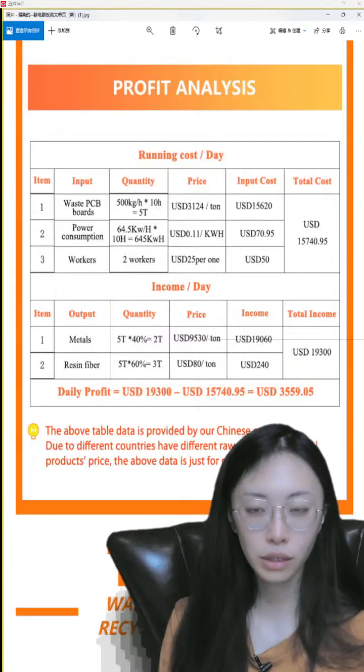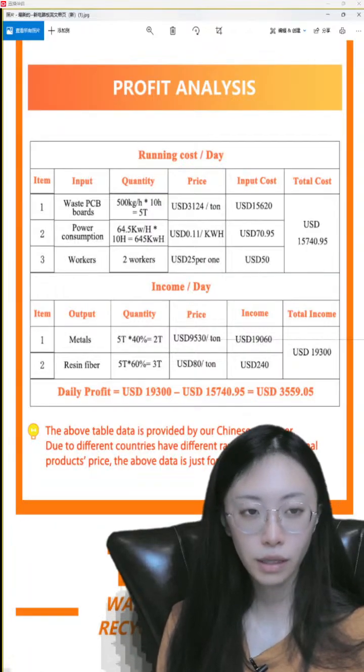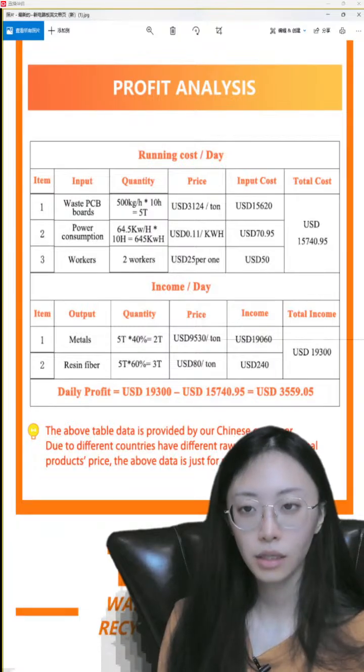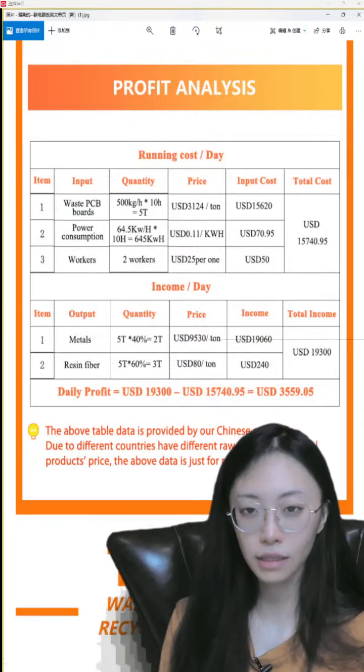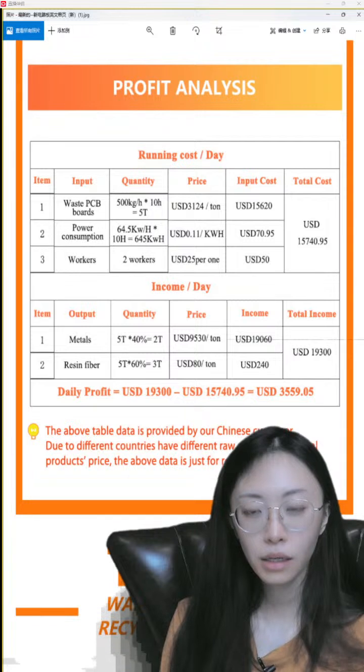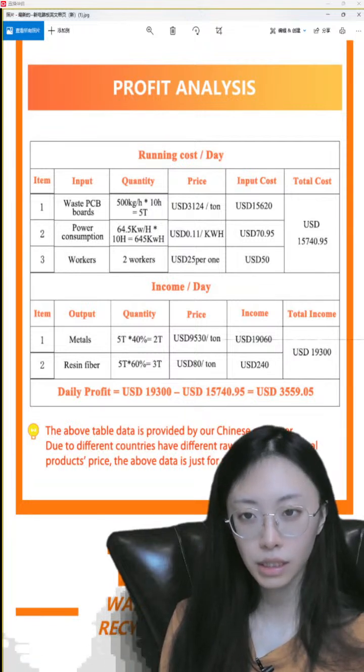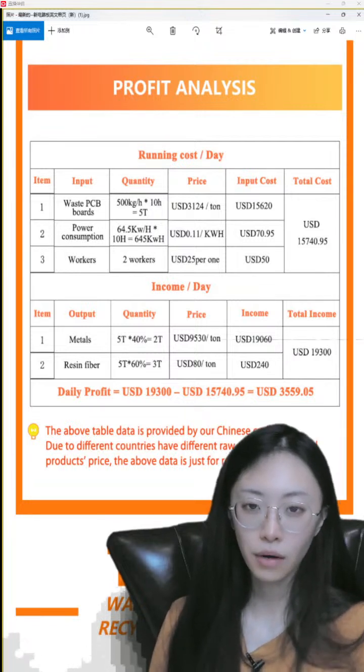So this is only three costs we have, and also the land. If we need to rent land or a factory, we need to care about the electricity.